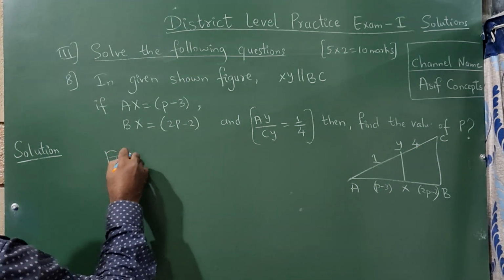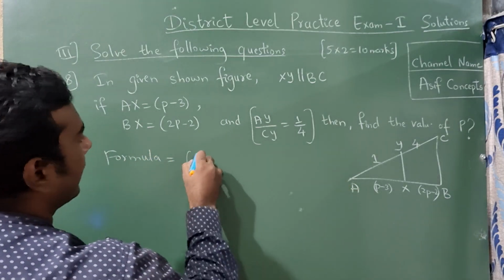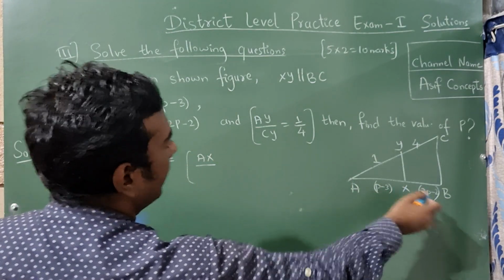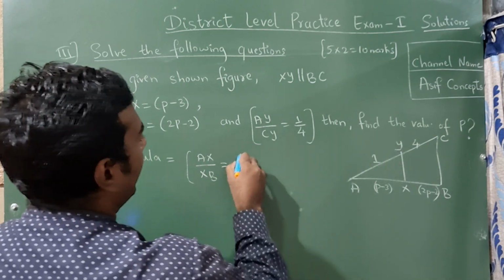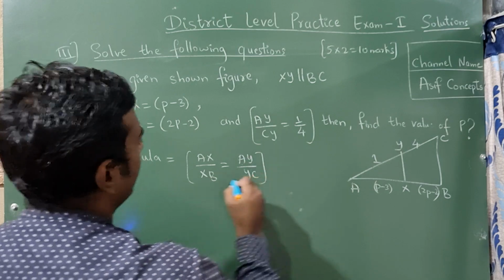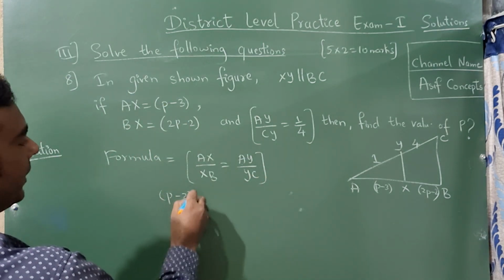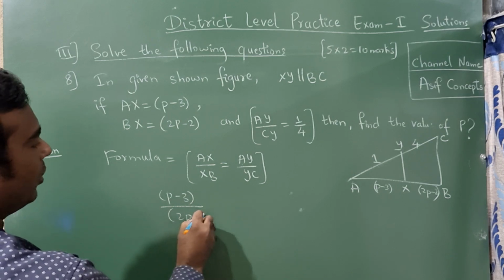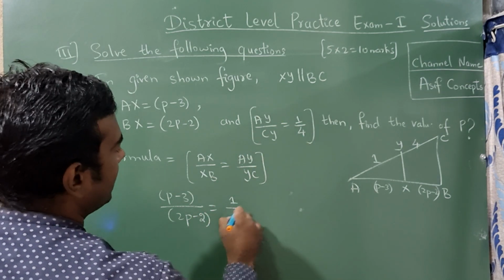Now there is a formula to solve this, and that is AX divided by XB equals AY divided by YC. So here I am going to write p minus 3 divided by 2p minus 2, AY is 1 and YC is 4.